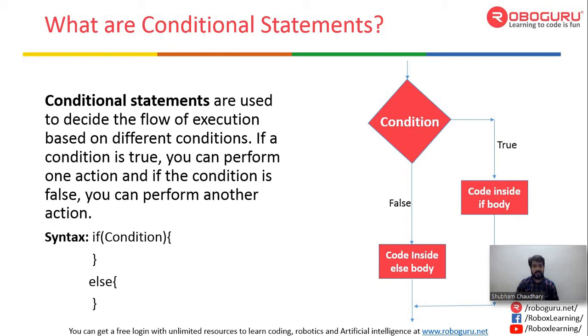So if that condition is true, whatever code or instructions you write in these curly brackets will be executed. We can write else also, although it's not mandatory that with if you need to write else, you can write only if.